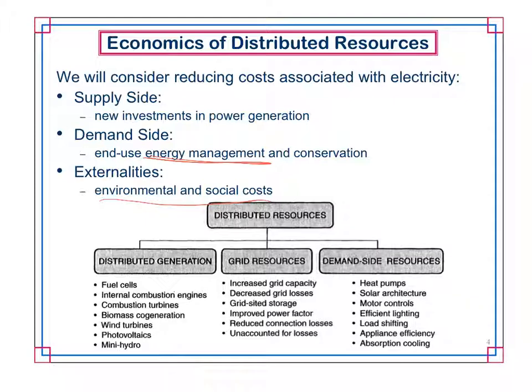And all those factor into what are you willing to pay for, I say distributed resources. Anything could be a distributed resource. You could put a diesel generator on campus, and that would count as a distributed resource. But what we're really focusing on is renewables or alternatives, right?